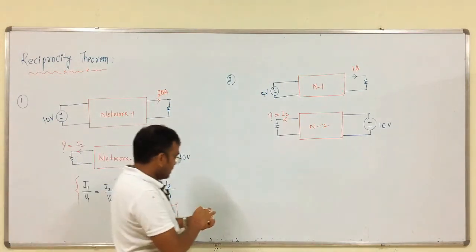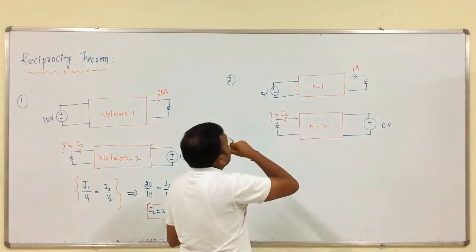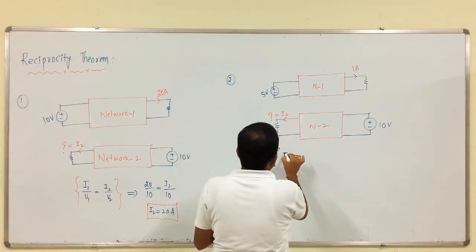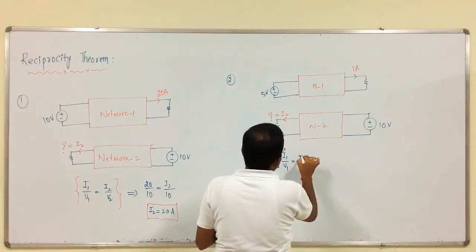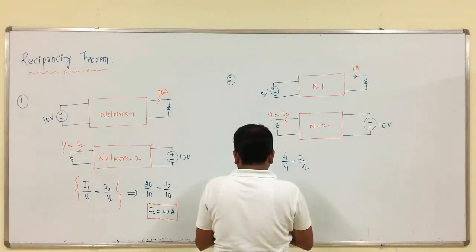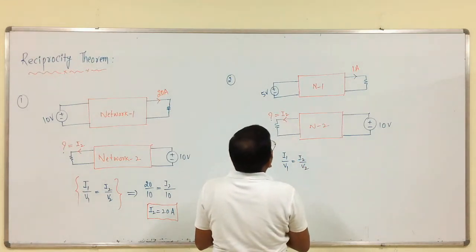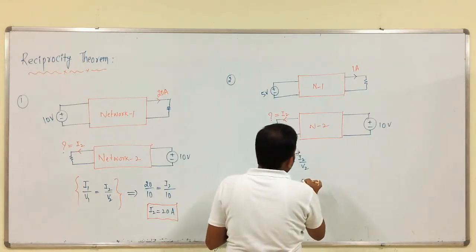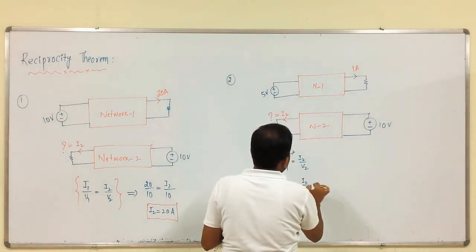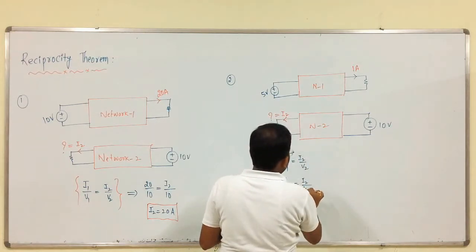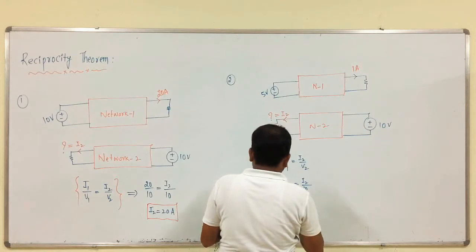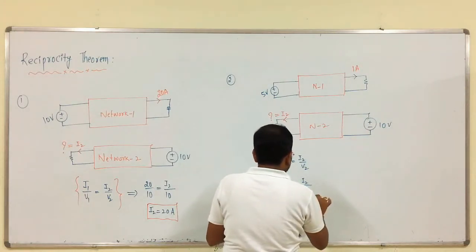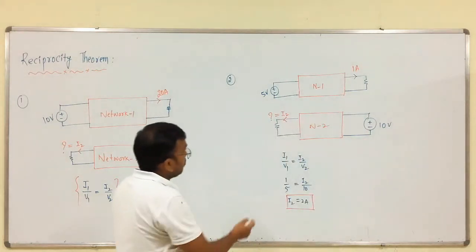Now, I1 by V1 is equals to I2 by V2. Therefore, I1 by V1 is 1 by 5, which is equals to I2 by V2, where I2 we do not know. V2 is 10. So, from this I2 is equals to 2 amps, right? I2 is equals to 2 amps.